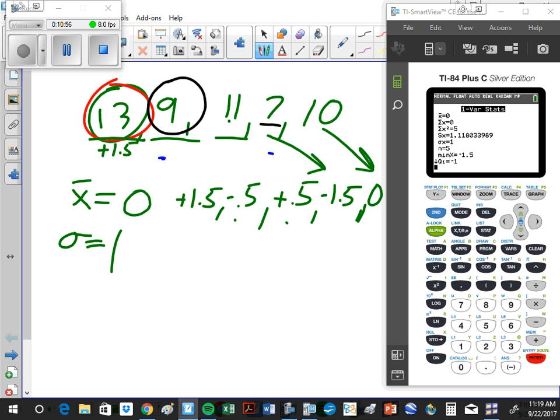No. That had to be the answer. I could have told you the answer before we even did anything. How do I know? How did I know that the average was going to be 0 and the SD was going to be 1?